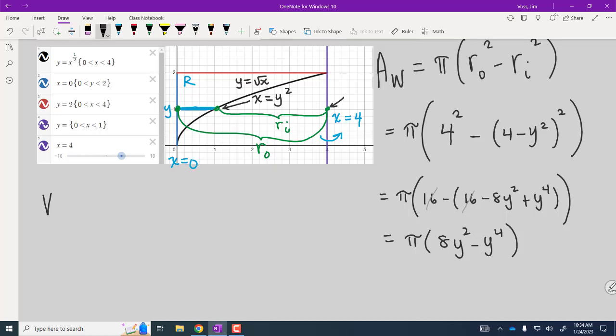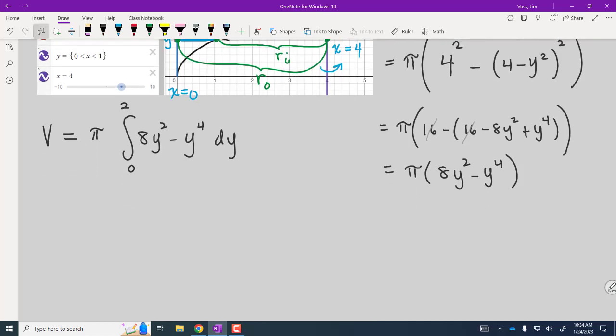And our final step will be to integrate from 0 to 2. We want to add up all these washer slices. And if we add up all our washer slices, what do we get?